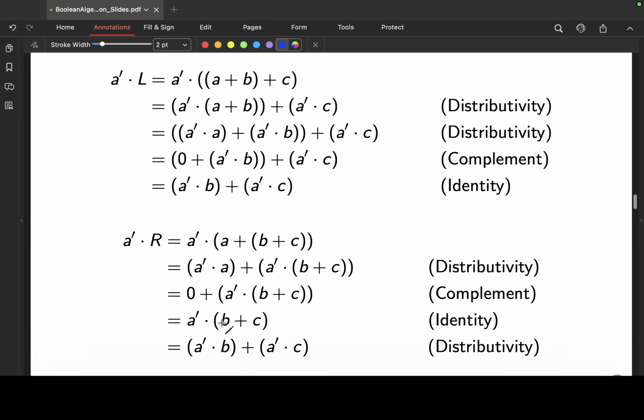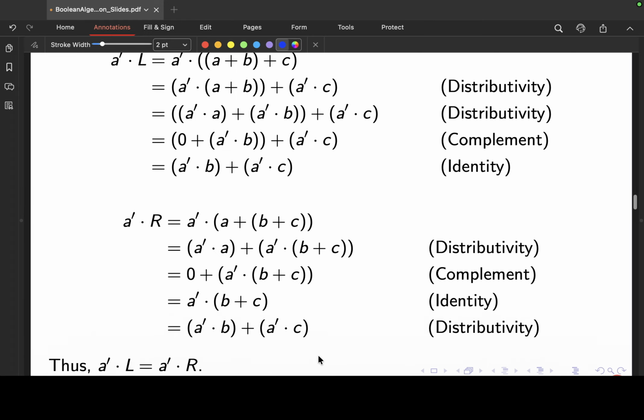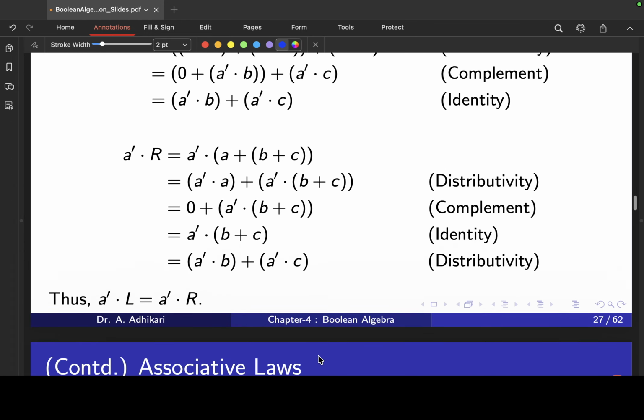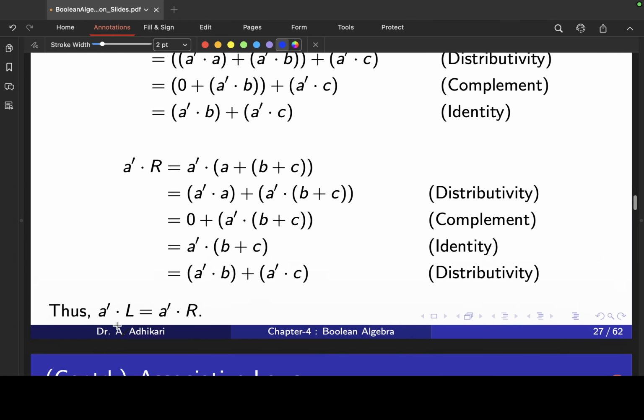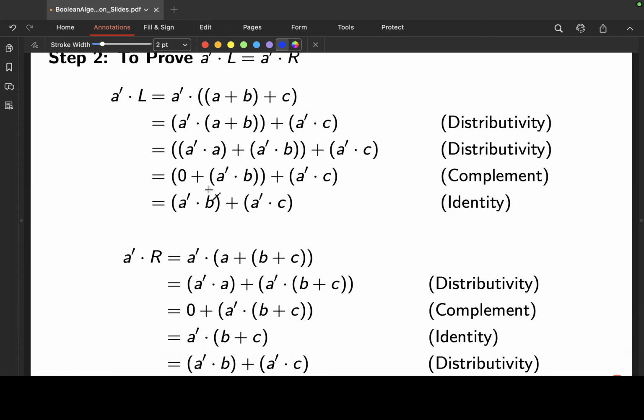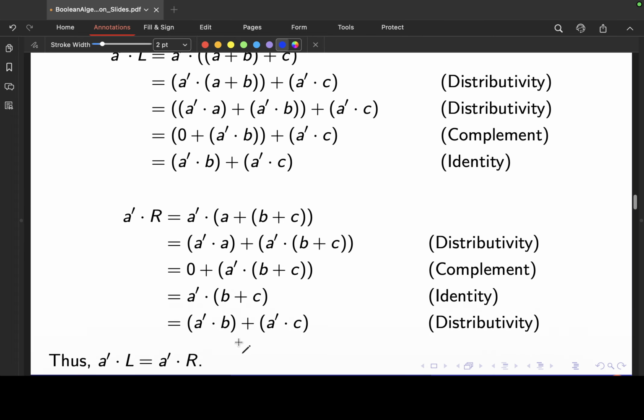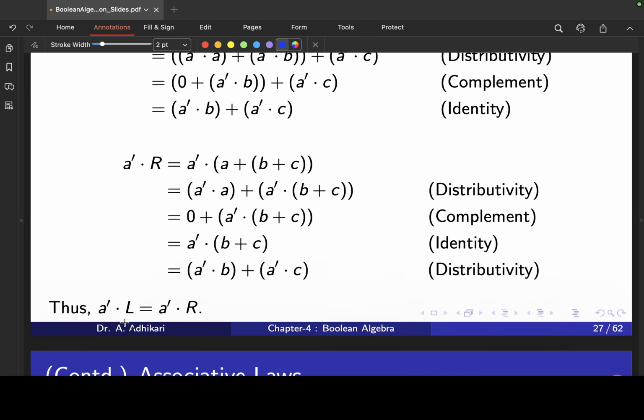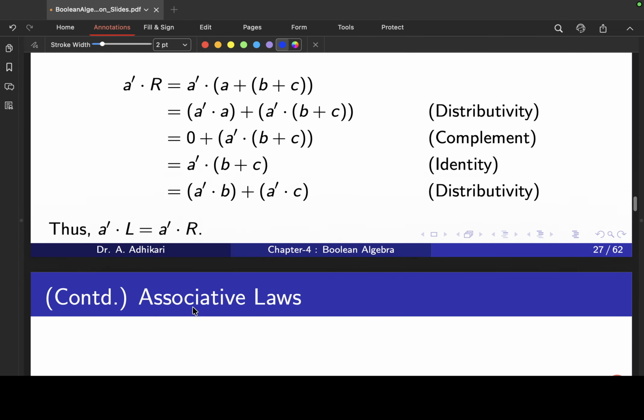Again applying distributivity, A' dot B plus A' dot C. So we get A' dot L equal to this and A' dot R equal to this. So clearly A' dot L equals A' dot R.